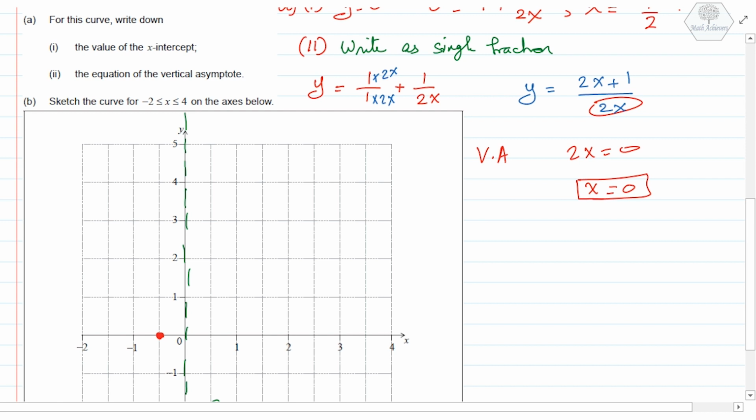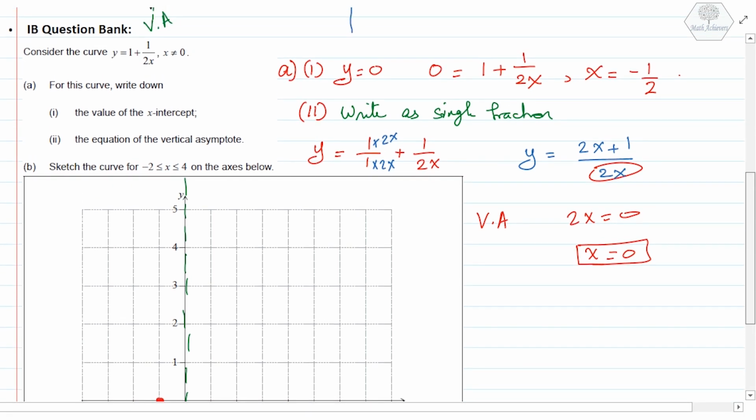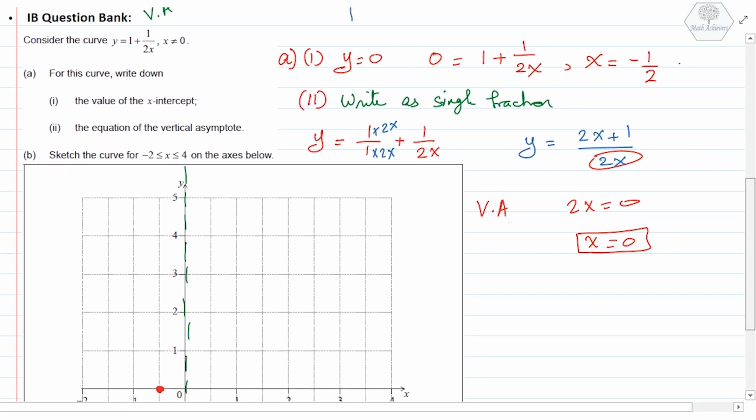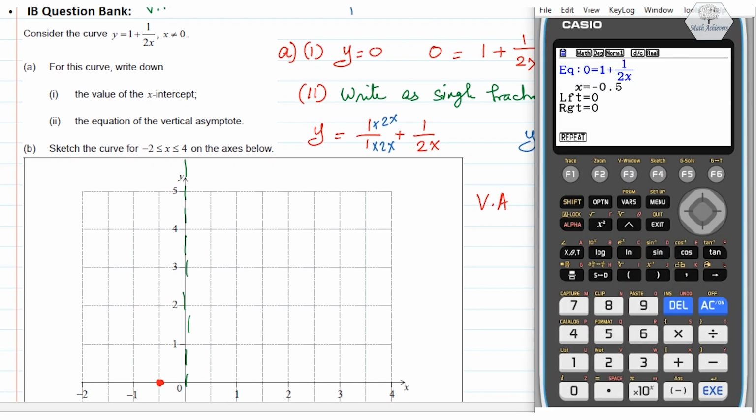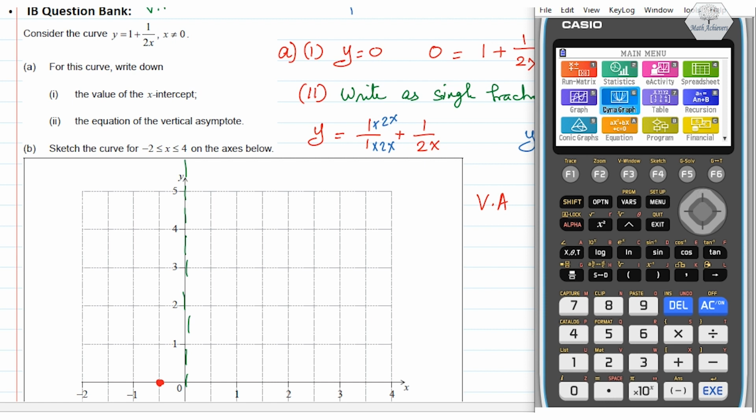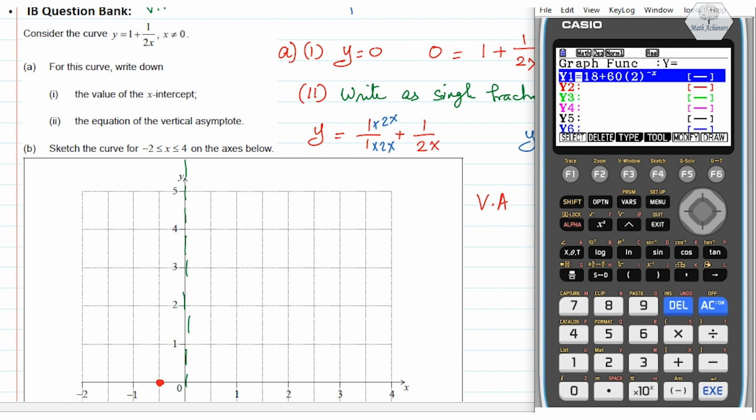In order to view its shape, I need to use my graphical display calculator to sketch it. So I go to menu, I go to graph, and I clear. So I have 1 plus 1 over 2x.